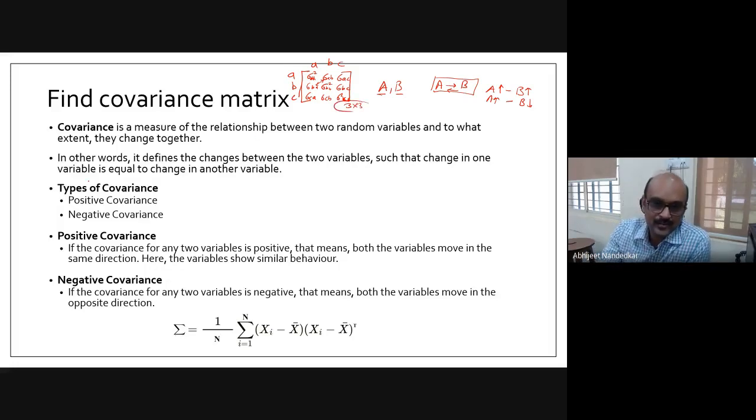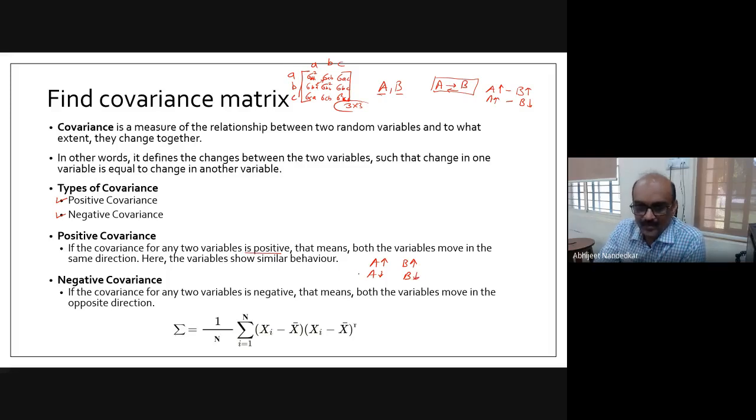Now there are two types of covariance, that is positive covariance and negative covariance. And what is positive covariance? If the covariance for any two variables is positive, that means both the variables move in the same direction. Say A is increasing, then B is increasing. If A is decreasing, then B is also decreasing.